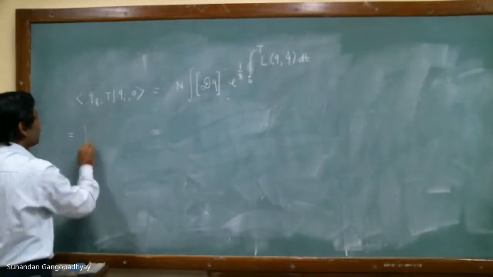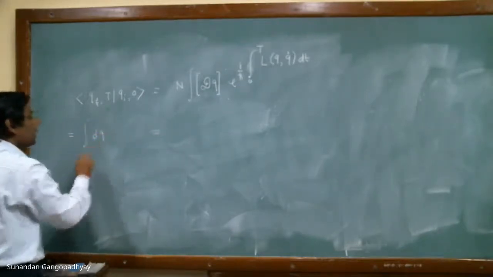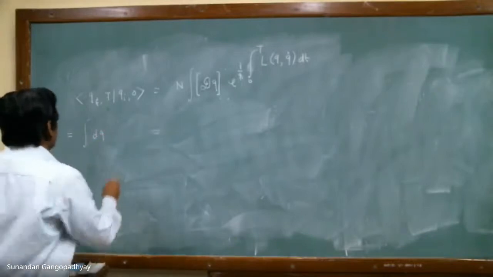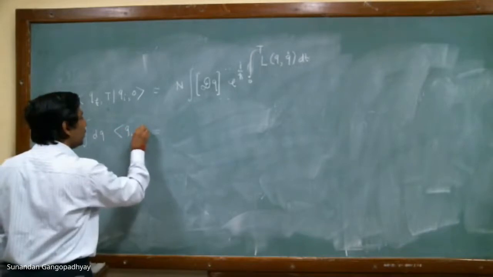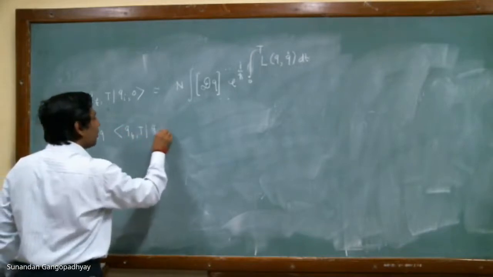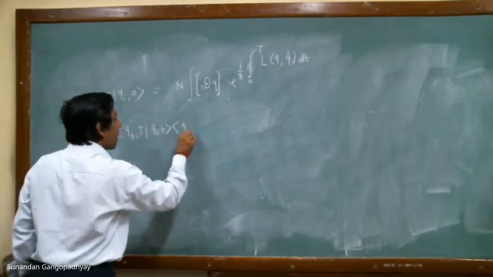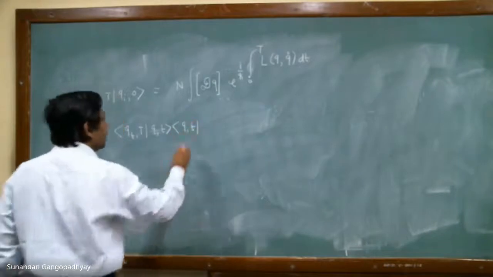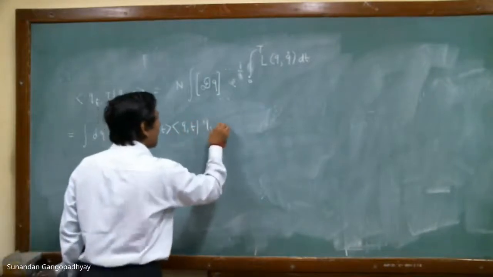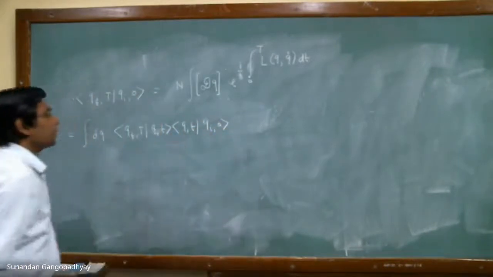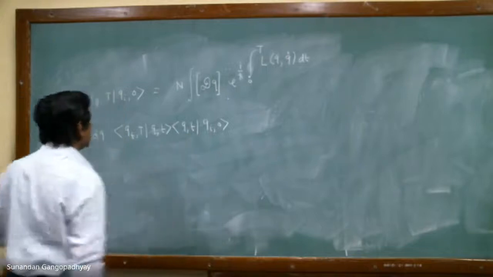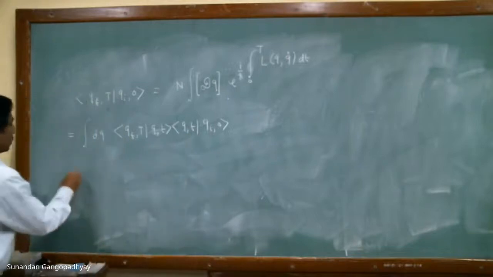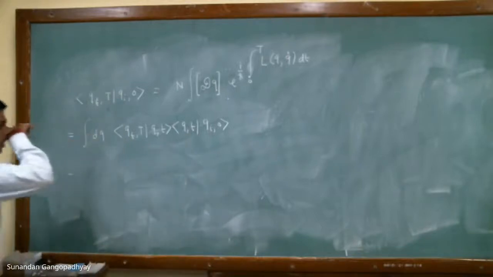You can put in a dq, and then write this as q_f at T, q at t, q at t, q_i at 0. So you can put in a complete set of position eigenstates, a basis completeness relation, and now you have an ordinary integral over q.